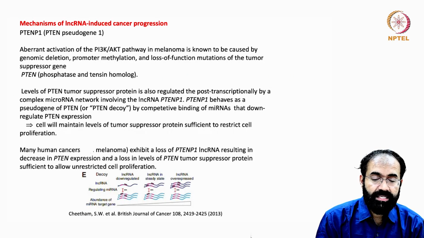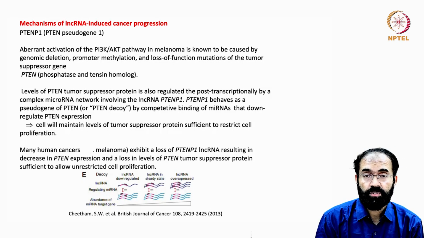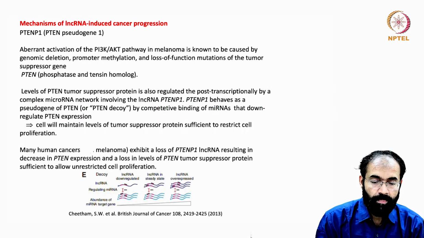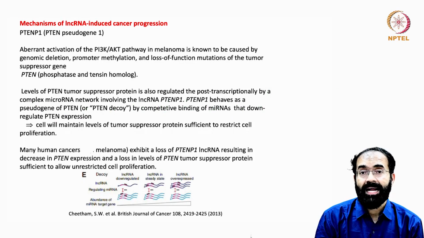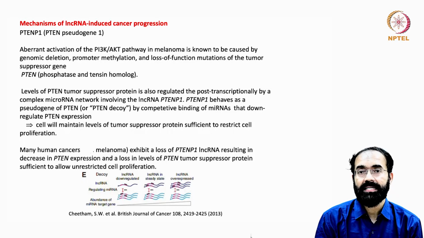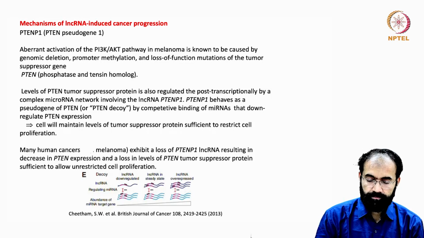So when you see the RNA levels changing based on the cancerous condition, the mRNA target gene, PTEN, which is the tumor suppressor, also will get affected. So the decoy and the actual gene have a strong interrelationship, which will be affected very badly in the case of melanoma cells, but it is influencing the PTEN levels through PTENP1.